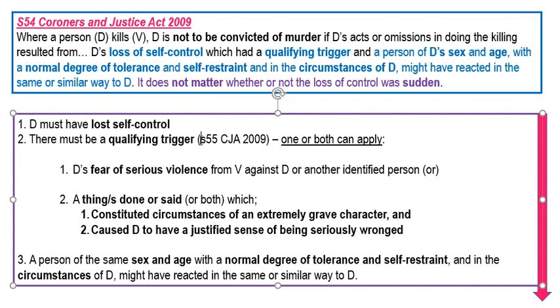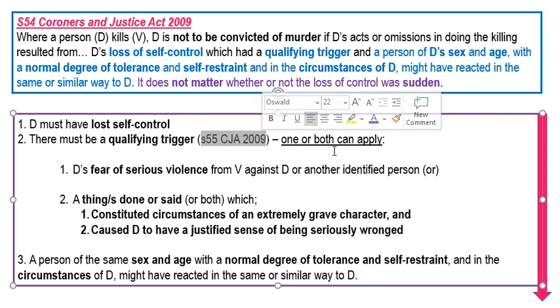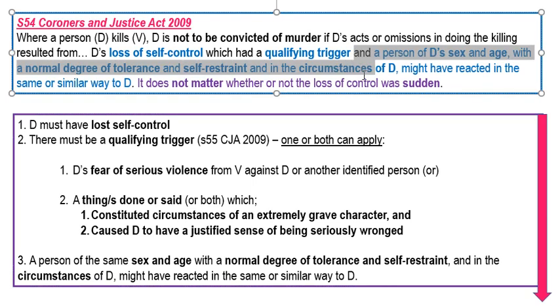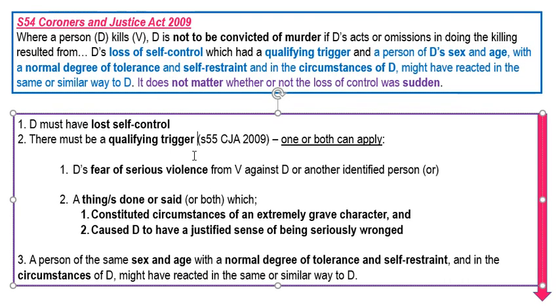Now, these qualifying triggers are found in Section 55 of the Coroners and Justice Act 2009. Okay? And then the statute goes on to talk about the final element. Okay? Now, before we move on to that, I want to talk about these qualifying triggers a little bit. We will be looking at these qualifying triggers in further detail tomorrow. But for now, we're just going to look at what they are.